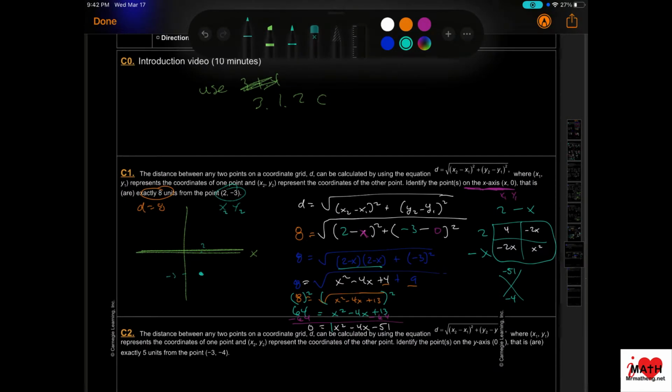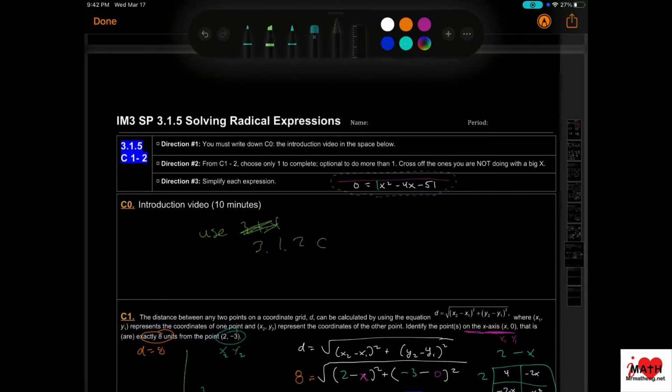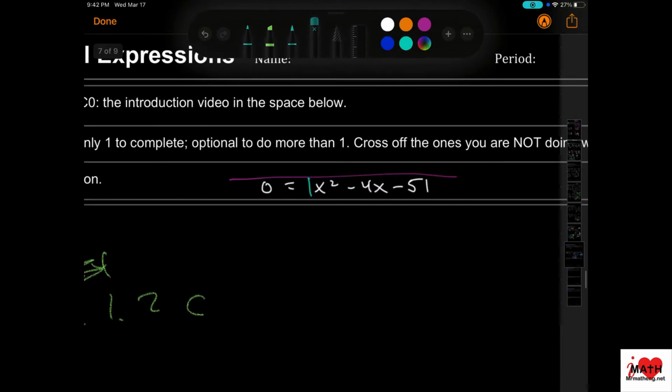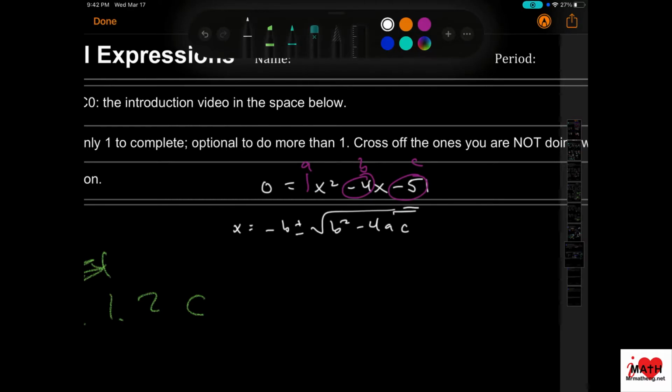so we get the awesome privilege of doing the quadratic formula. So let me take this, duplicate that. Let's do this up here. Let's erase some things. There. Okay, so A is 1, B is -4, and C is -51. Quadratic formula, if you sing it, x equals -b plus or minus square root b squared minus 4ac all over 2a.